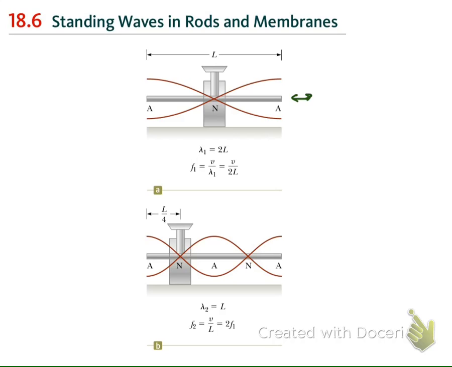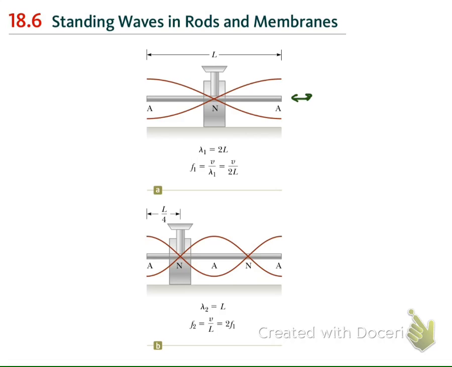So it will be the node for the displacement wave at the position that you clamp. And at the open end, the rod can move freely, so this must be the antinode for the standing wave in the rod.